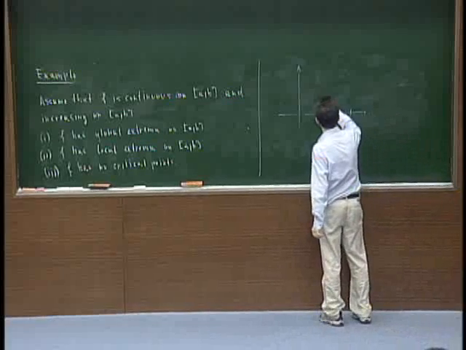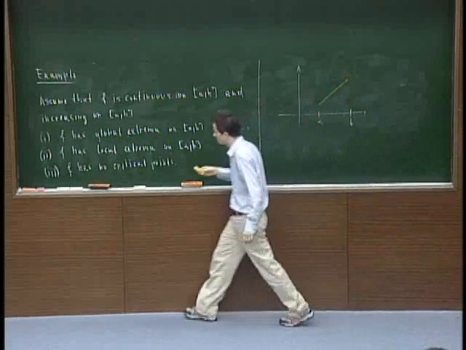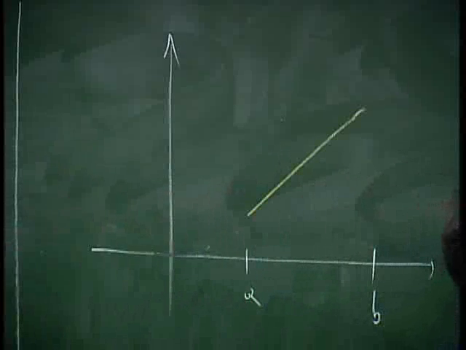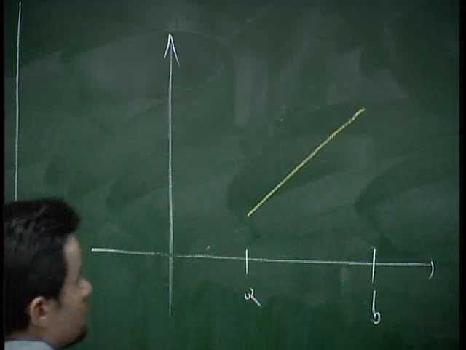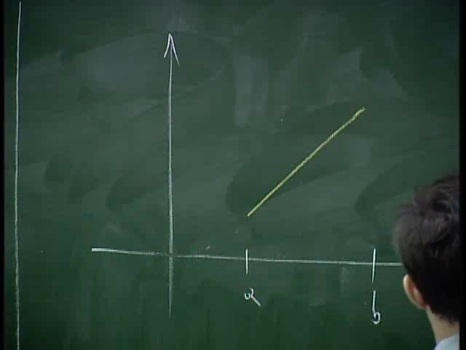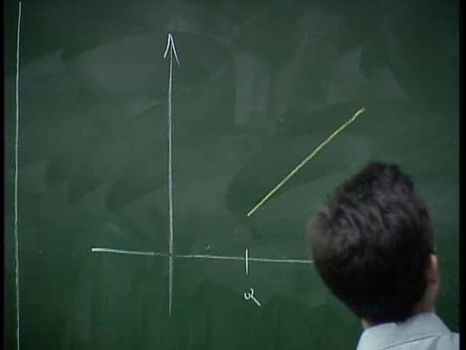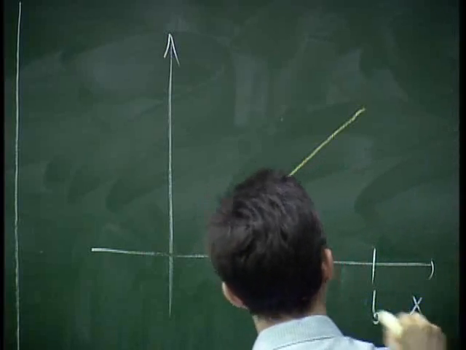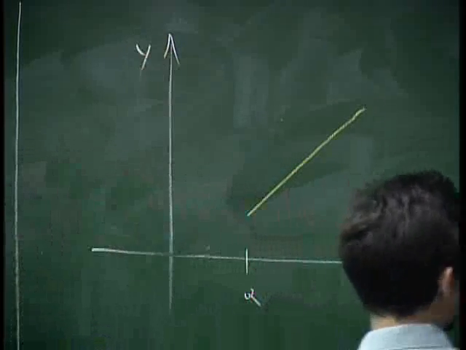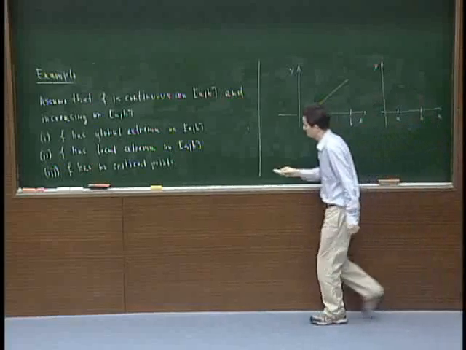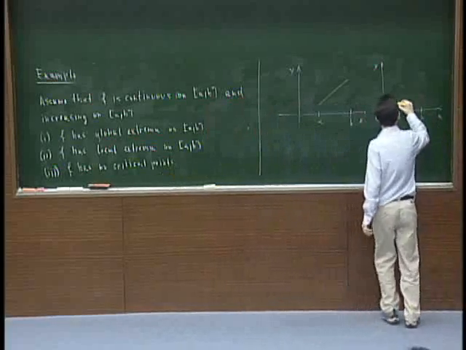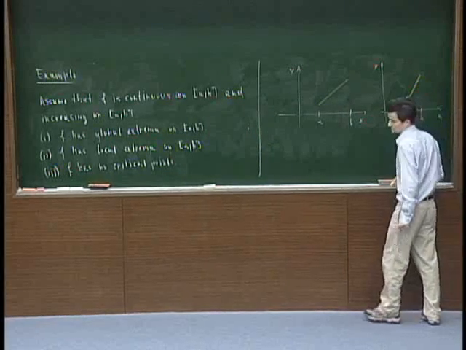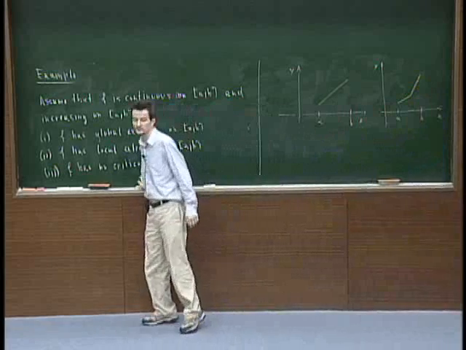So, for instance, this function does not have a critical value, but for instance, this function, okay, this function has a critical value.